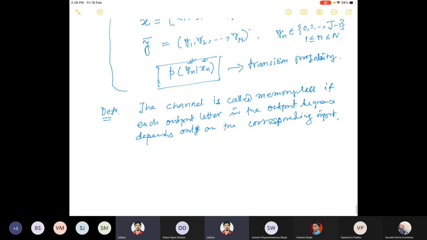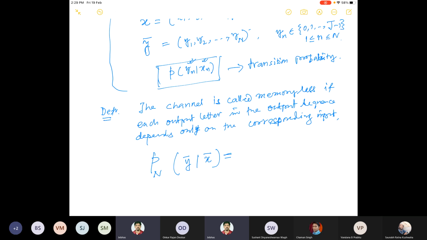So what do I mean by this? I'm writing capital N because the length of the sequence is capital N. If I write this condition mathematically, it means y bar given x bar, what should it be? Here y bar is y1, y2, yn given x1, x2, xn.